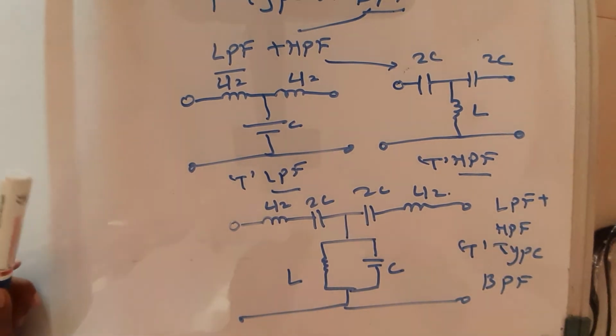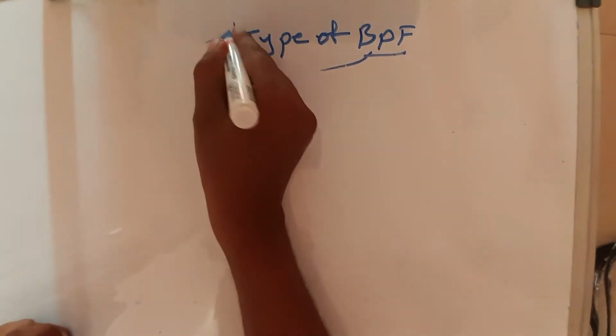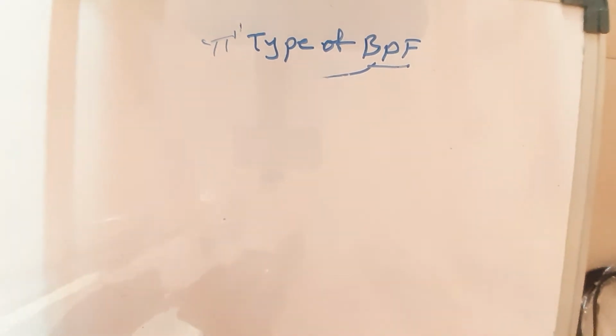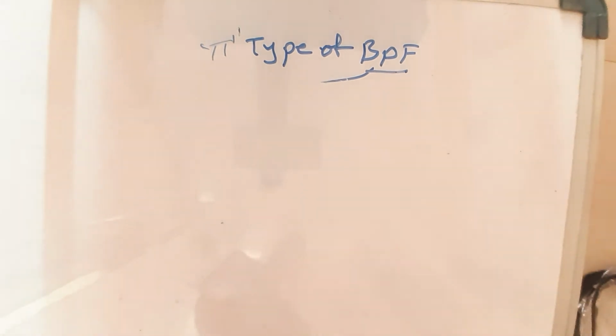Now similarly we will study pi type of band pass filters. So basically it is a configuration of pi type of low pass filter and pi type of high pass filter.